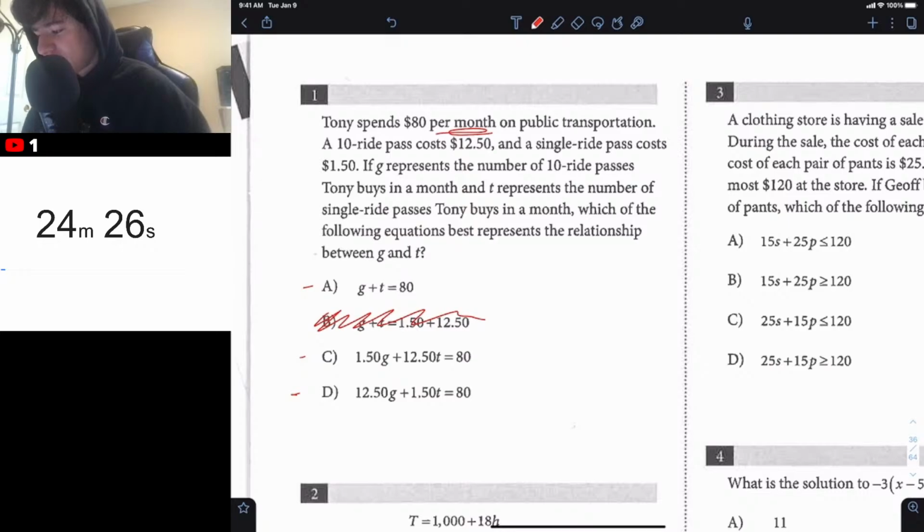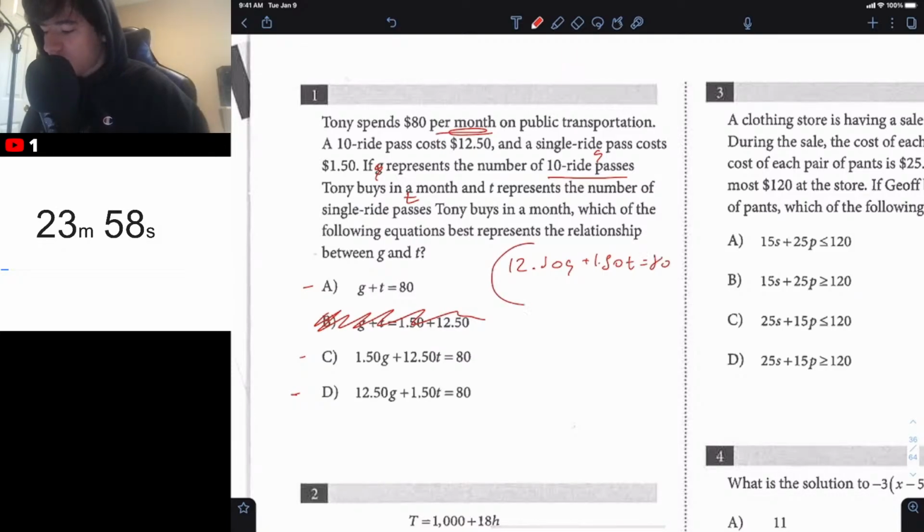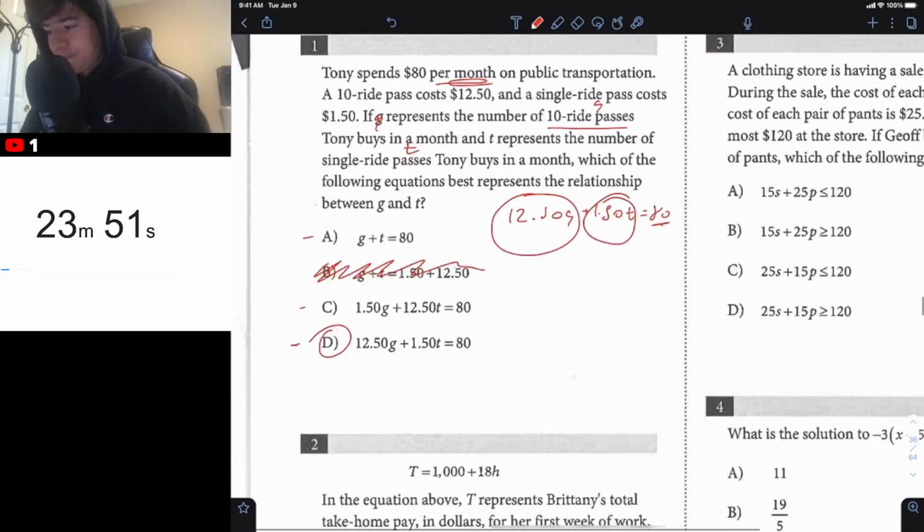Then we said a 10 ride pass is G, and a single ride pass is T. So the 10 ride passes are $12.50, so it should be $12.50 G plus $1.50 for the single ride pass T equals $80. So the cost of the 10 ride plus the cost of the 1 ride passes equals the total he spends every month, which should be D.